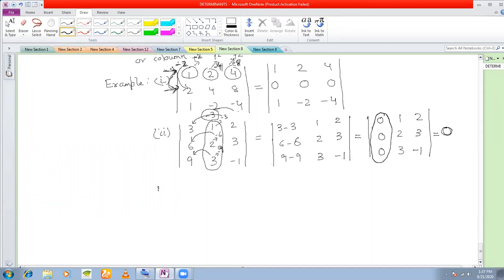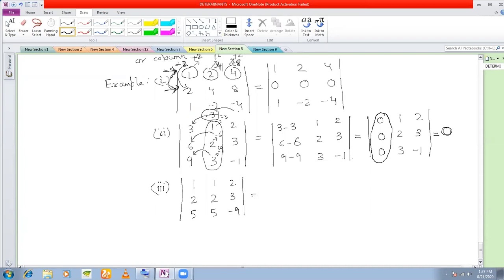Now, what I want to tell you is that not only scalar multiples, but in fact any two rows or any two columns can be added or subtracted with each other. Suppose I give you 1, 2, 5, and 2, 3, minus 9.